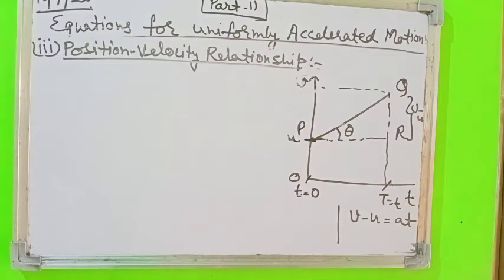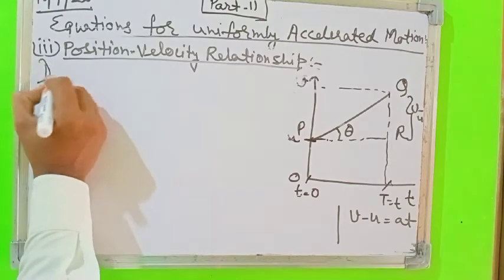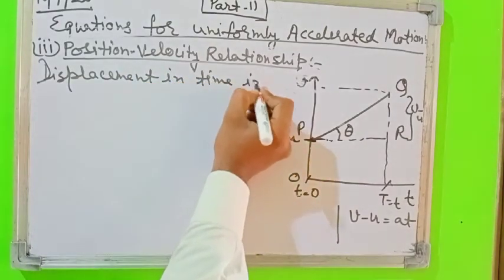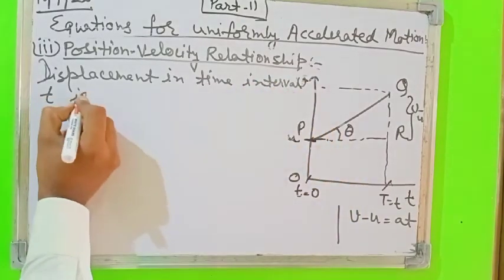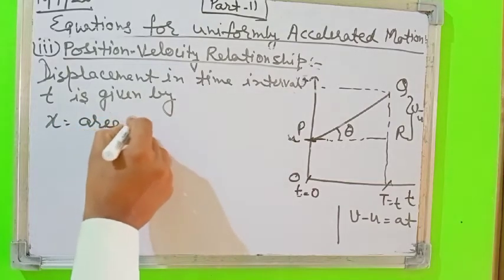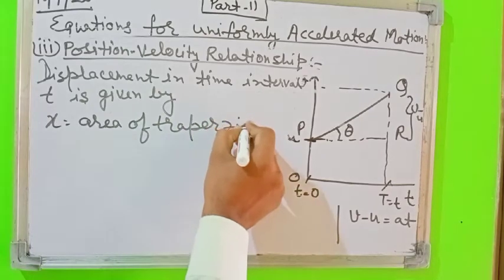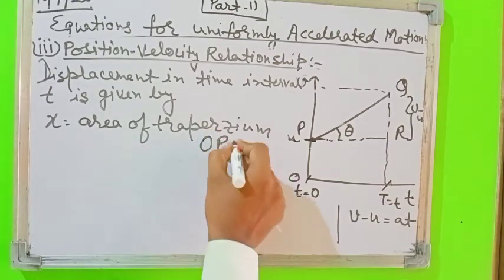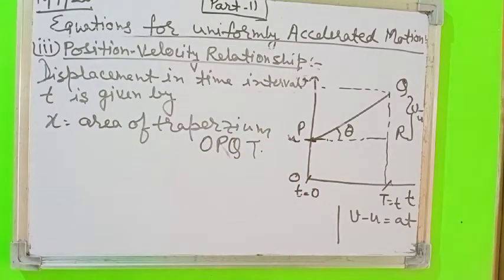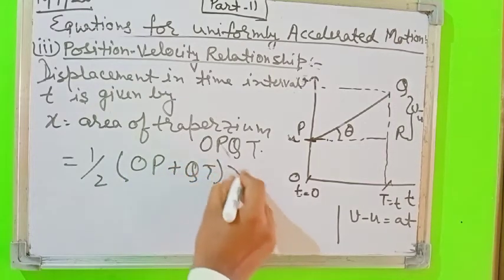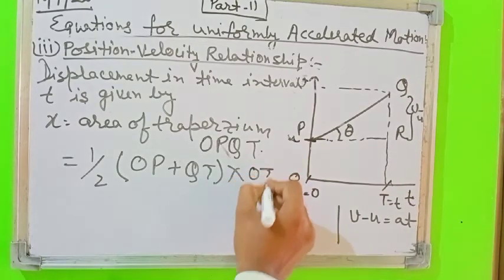So displacement in time interval t is given by x is equal to the area of trapezium OPQT, and it is equal to half into OP plus QT into the separation, that is equal to OT, that is equal to half.